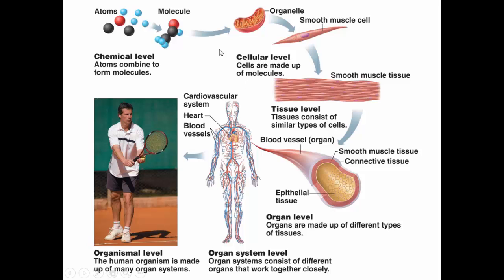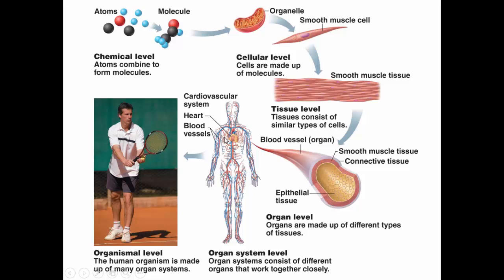So at the chemical level, we have atoms and molecules. These come together to form cells. Cells may band together in groups to make tissues. Several tissues may come together. Here we had smooth muscle tissue, and here we have smooth muscle and epithelial, and this is making up a blood vessel. So here we have an organ.